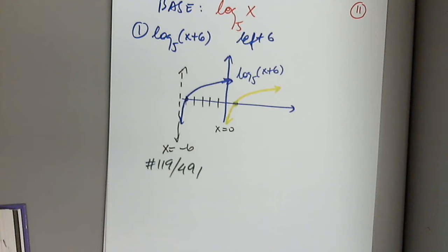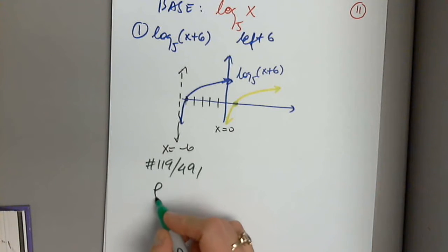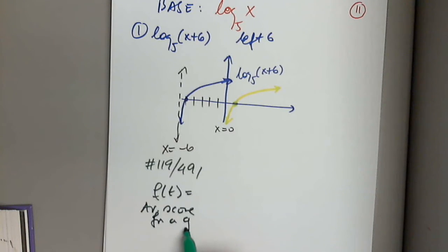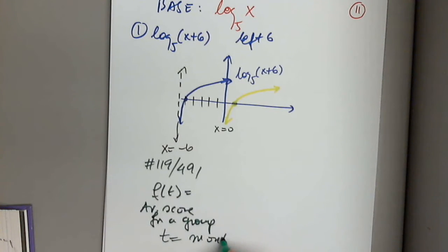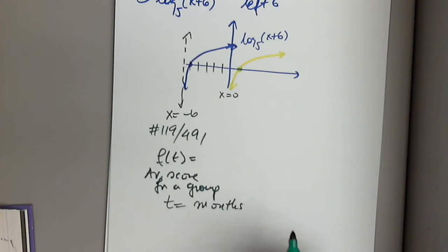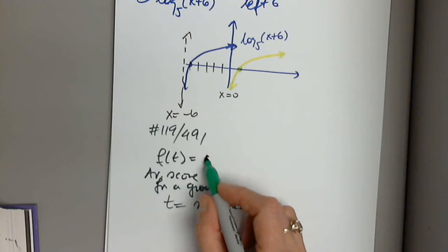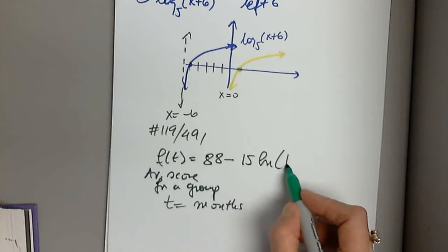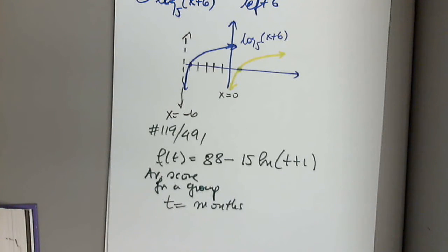The average score for the group is f of t, where t is in months. The function was modeled by 88 minus 15 natural log of t plus 1.